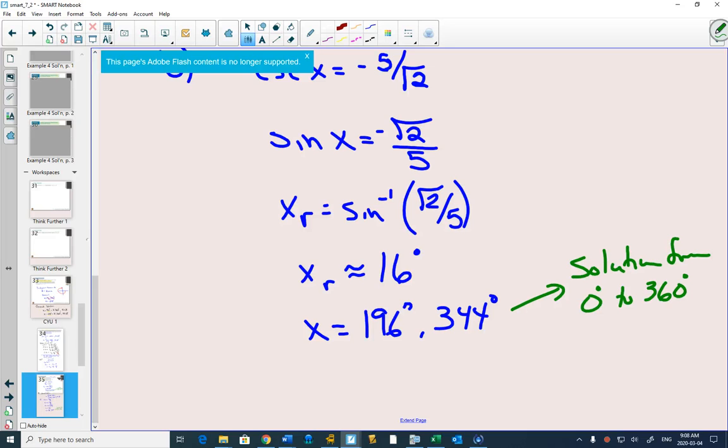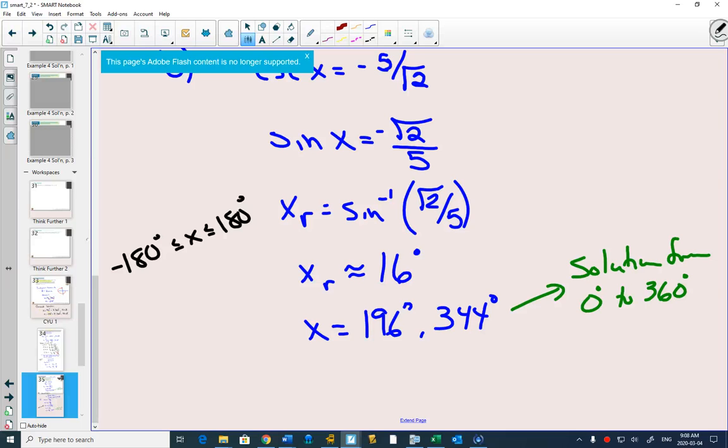What is the domain they ask us for in this one? We read our question again. They have this domain from negative 180 to 180. So if you break it up from 0, 0 to 180 would be quadrants 1 and 2 positive. 0 to negative 180 would be quadrants 3 and 4, but negative. Are these answers in that solution?